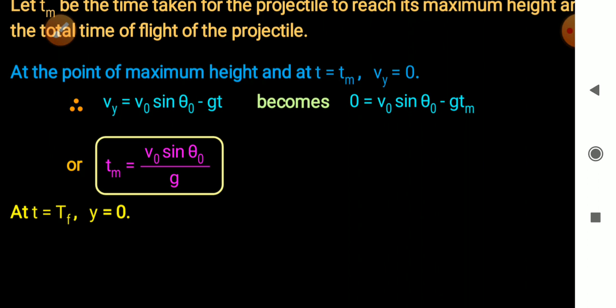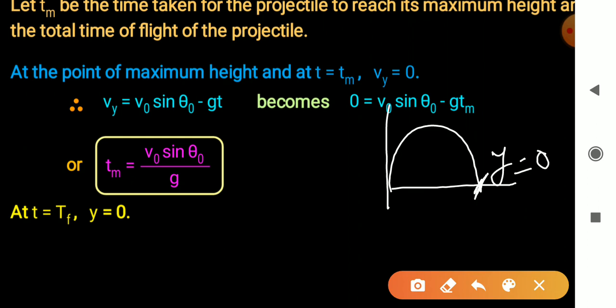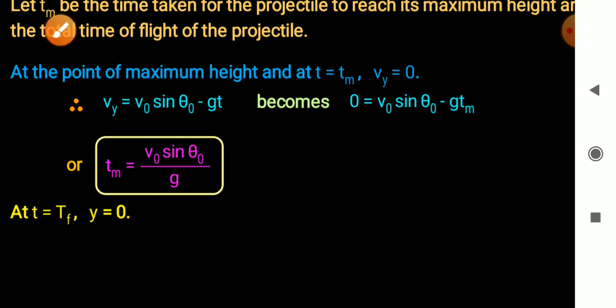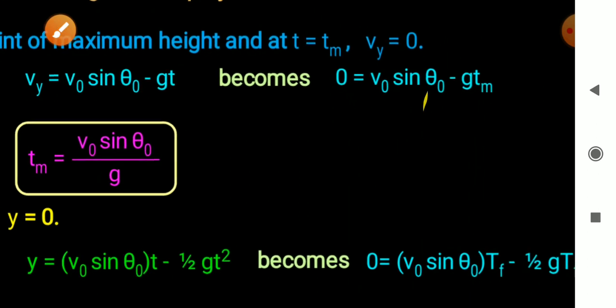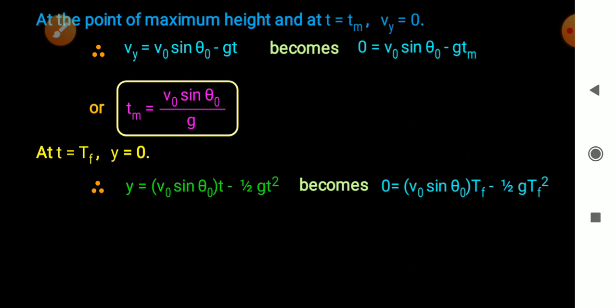Right? So at t equal to tf, when the object, as we have discussed in previous slide in the diagram, reaches this point, y component is 0, y is 0, right? So we can write from the equation of projectile, y equal to v naught sin theta naught into t minus half gt square.